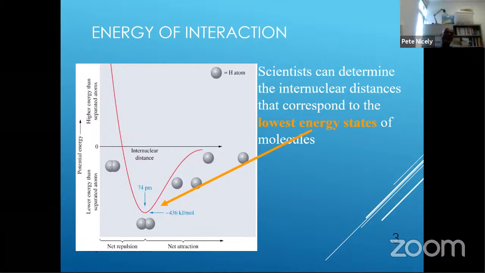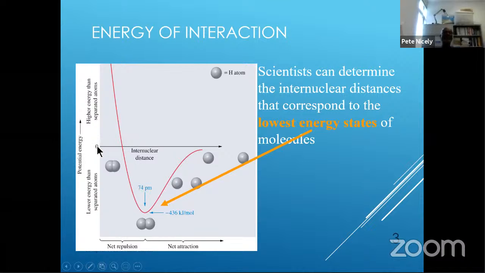And that is what is actually represented in this graph right here. In this graph, you have the x-axis, which is the distance between the two nuclei, and the y-axis, which represents the potential energy. This is the 0 point here, which represents when no force of attraction is applied.